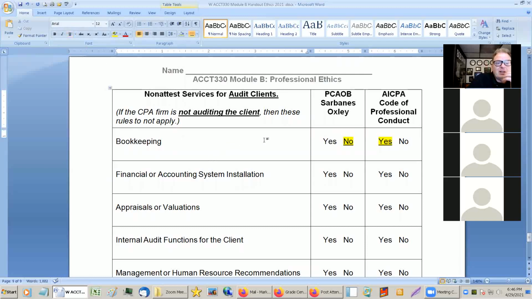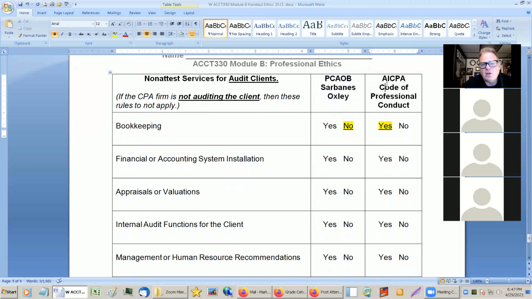Now, if you are a CPA firm and you're not the auditor, you can do their bookkeeping. It's the auditor that can't do the bookkeeping. Again, these are for the auditors. If you're not an auditor, these Sarbanes-Oxley rules are not going to apply.